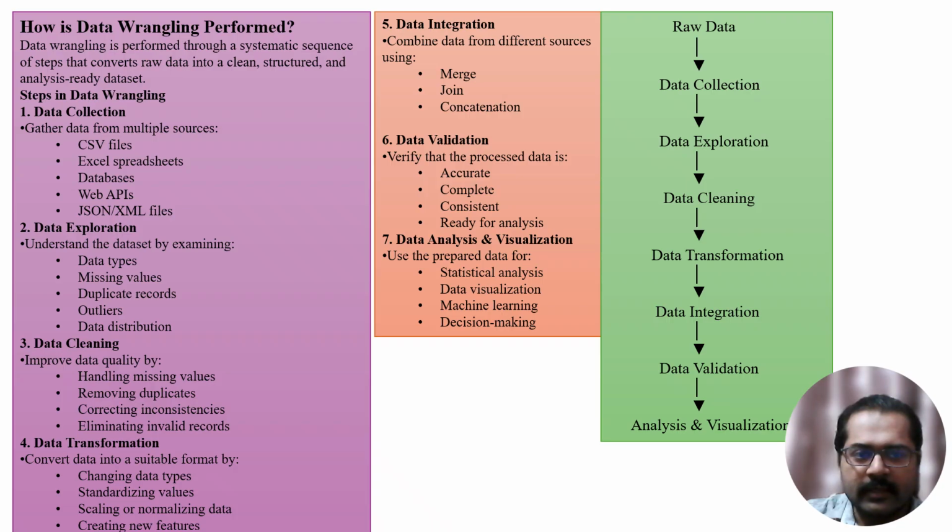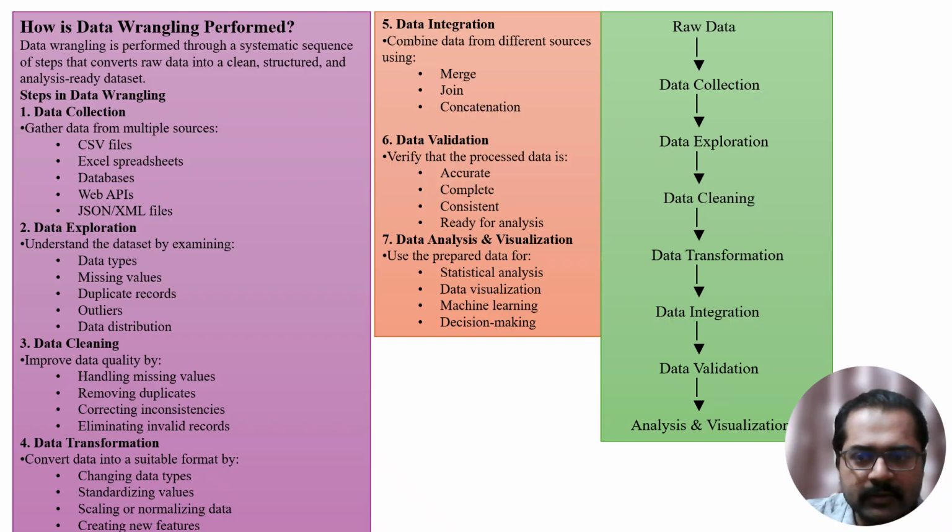Third is cleaning. We need to clean the data by handling missing values, removing duplicates, correcting inconsistencies, and eliminating invalid records. Fourth is data transformation. Convert data into a suitable format, changing data types, standardizing values, normalizing data, and creating new features. Fifth step is integration.